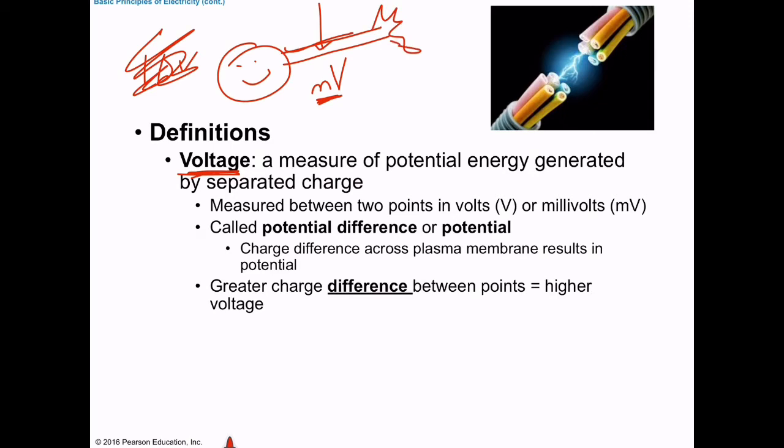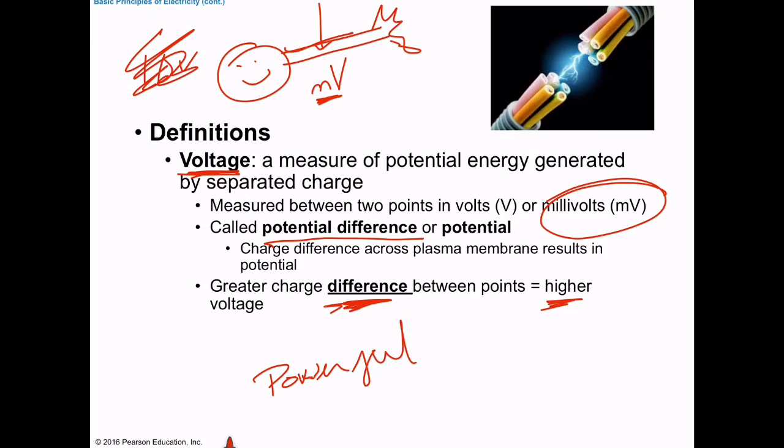That's the potential energy, that charge difference we find between the two sides of the membrane. And the greater the charge difference, the higher the voltage, meaning the more powerful our shock can be.